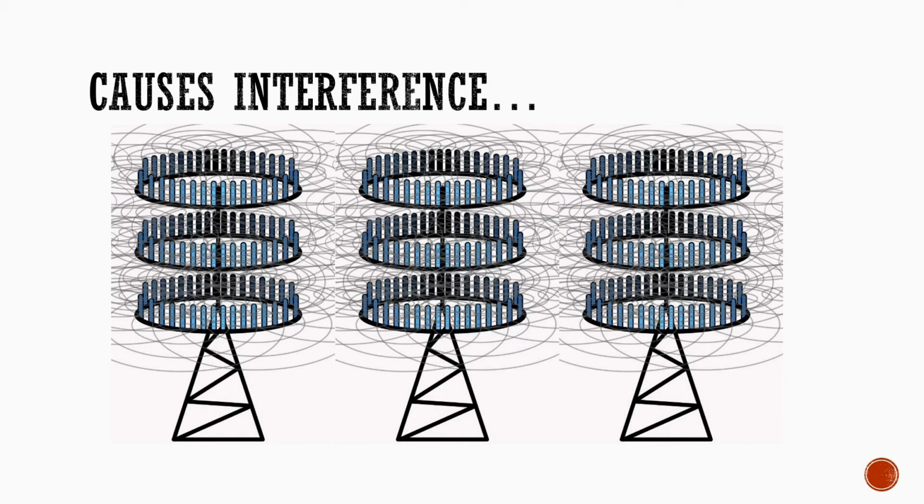However, installing so many more antennas to handle cellular traffic also causes more interference if those signals cross each other. That's why 5G base stations must incorporate the technology of beamforming.